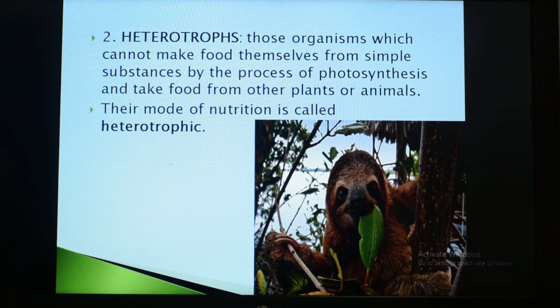They depend on plants or other animals for obtaining their food. Thus, all the animals like cat, dog, goat, cow, buffalo, deer, lion, tiger and human beings are heterotrophs, having heterotrophic mode of nutrition.